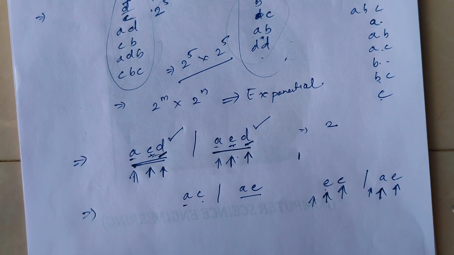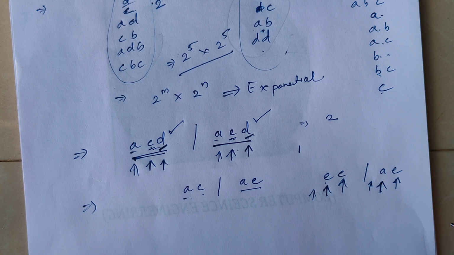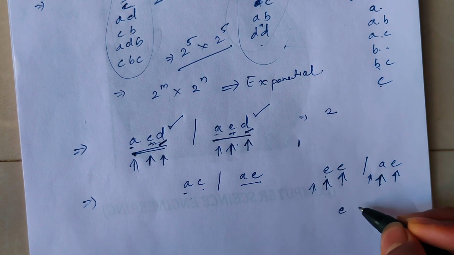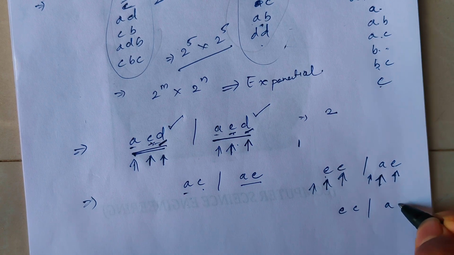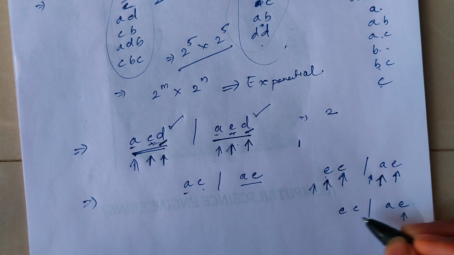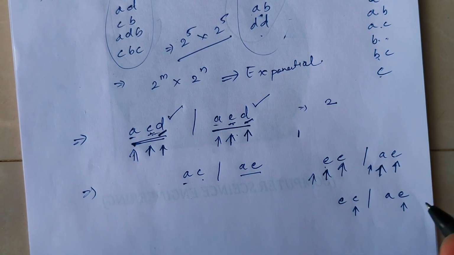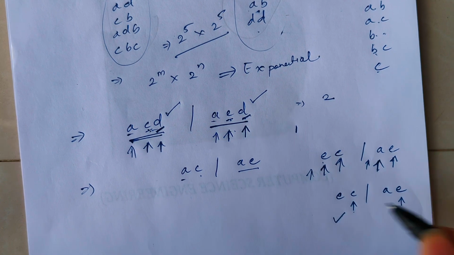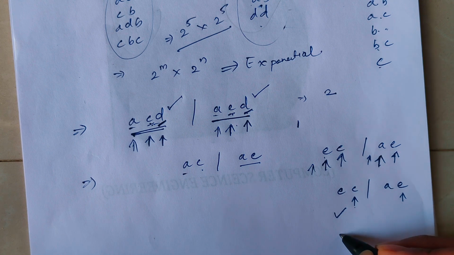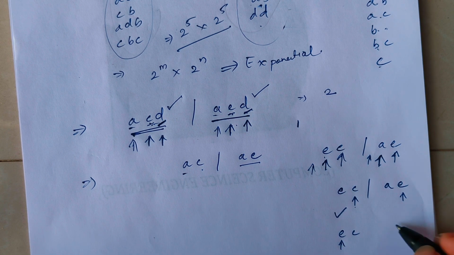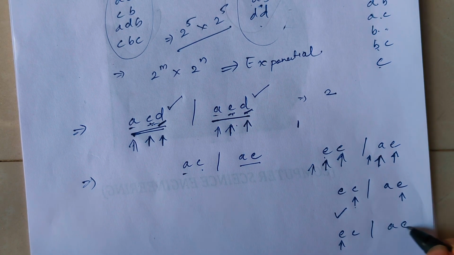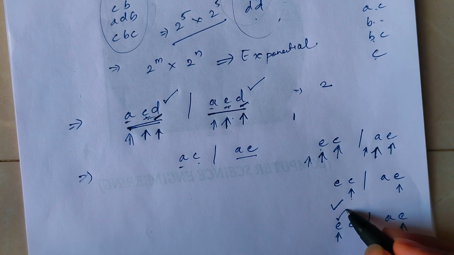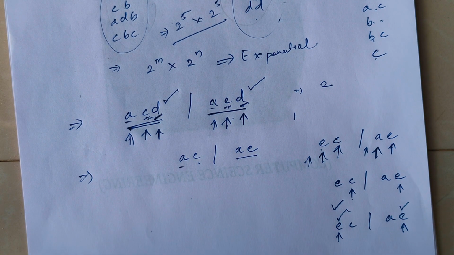But let us see, suppose what if we have shifted only a single pointer? We have E, C and AE. First we were here, and suppose we have shifted only a single pointer on this side. So the EC pointer would be here and the AE pointer would be here. Now we can compare these E and E, right?